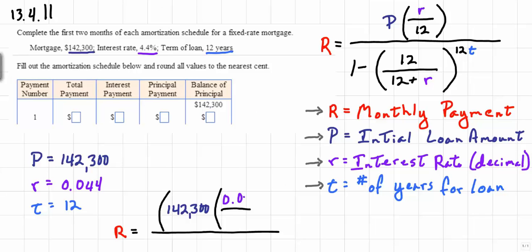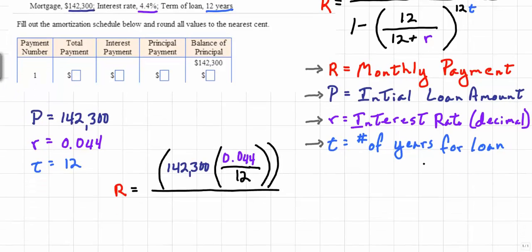In the numerator, we're going to put 0.044 for the interest rate as a decimal. We're going to divide that by 12 because that's what's there. And then I'm going to close this bottom set of parentheses. Then we'll go ahead and do the denominator.